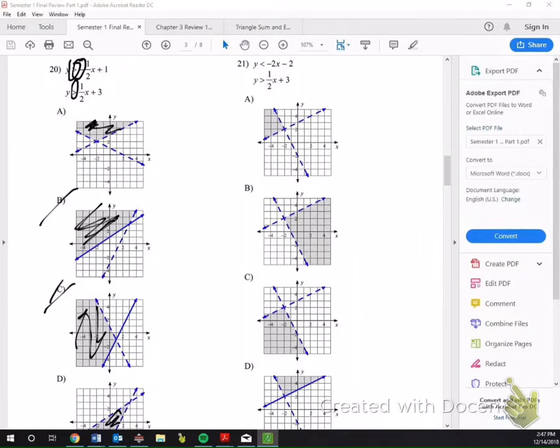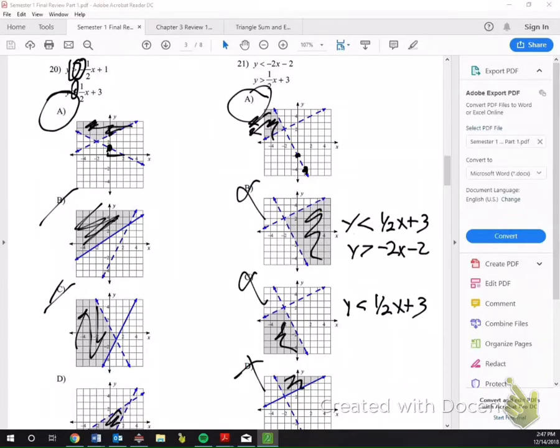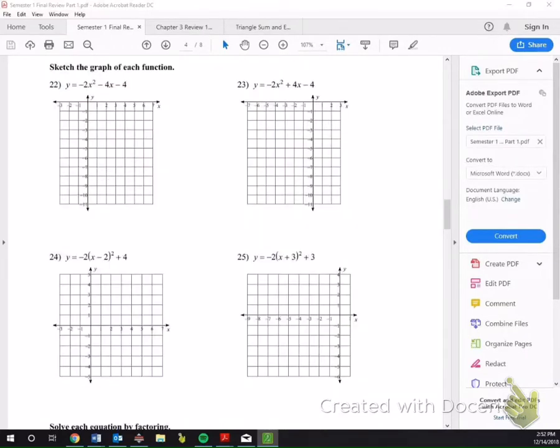The reason that I immediately cancel out b and c is because I know that the dotted line stands for greater than or less than, the solid line is greater than or equal to, less than or equal to. So notice that in my original problem I don't have any less than or equal to, so if there's a solid line in it, it's wrong. Those would be the answers, though. A for both of them.